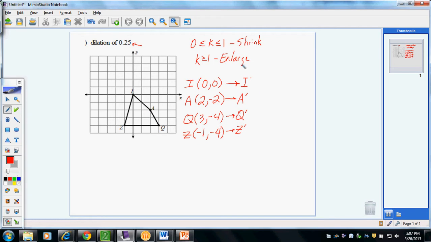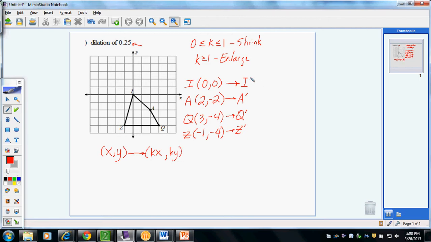Our rule of dilation indicates that as we move from our original ordered pair, our pre-image, we are going to be applying a scalar of k to the x and a scalar of k to the y.